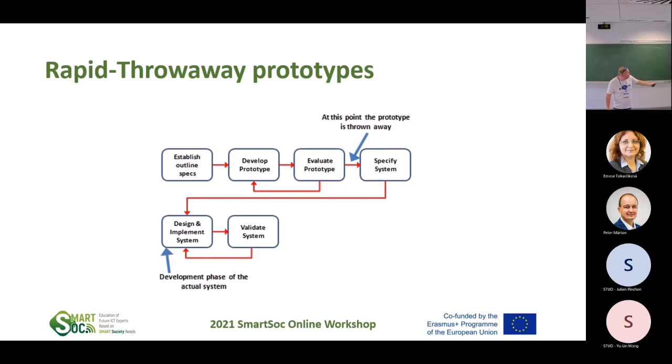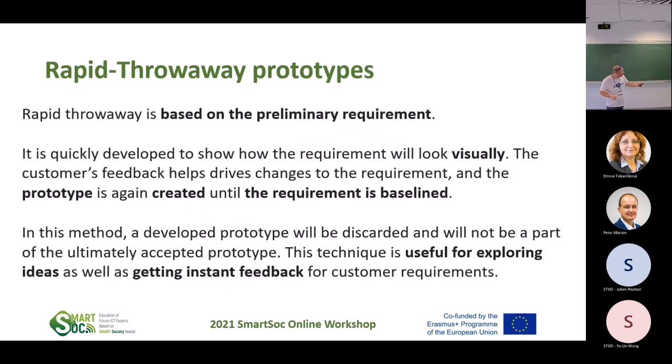Establish outline specs, develop prototype, evaluate prototype. After this is done, we throw it away and we make the final design. So in rapid, or throwaway, prototyping, we are throwing away things. You do something, then you throw it.